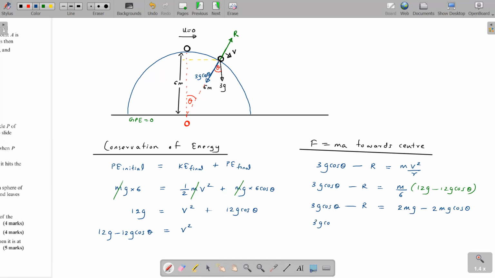So let's input the m value. Mass is 3 kilograms. 2 times 3, that's 6g. 2 times 3, that's 6g cos theta. Okay, so I'll take the negative R to the other side and I get here 3g plus 6g is 9g cos theta, and 6g comes here as minus 6g. Is that okay? So I get here the normal reaction is equal to 9g cos theta minus 6g.